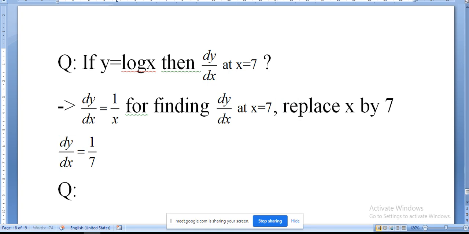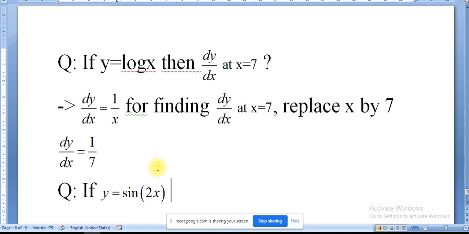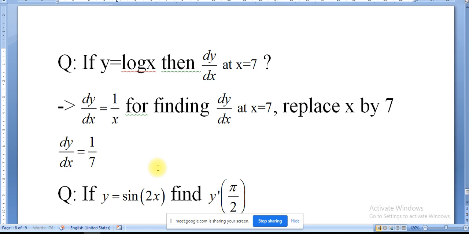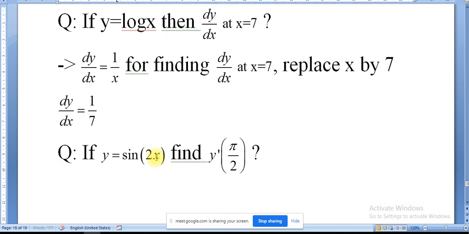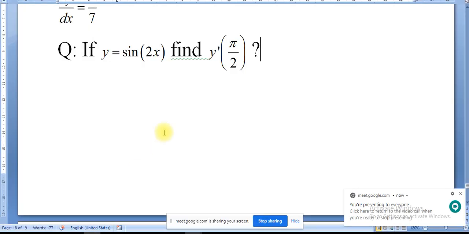One more sum you can do. If y is equal to sine of 2x, find y dash of pi by 2.